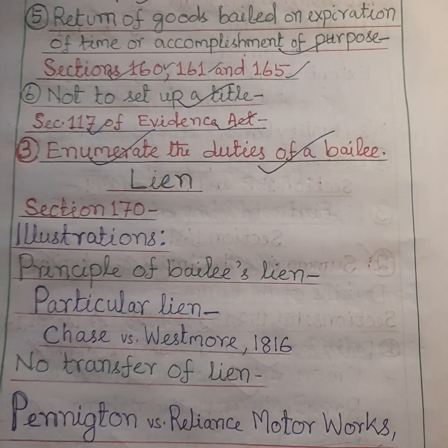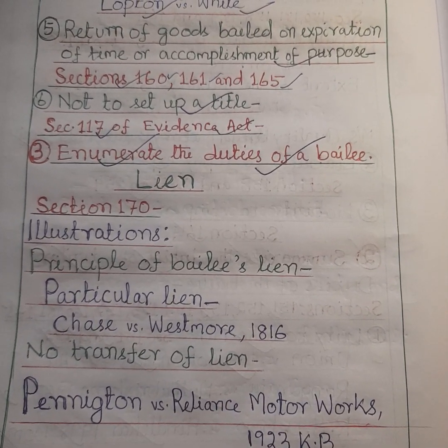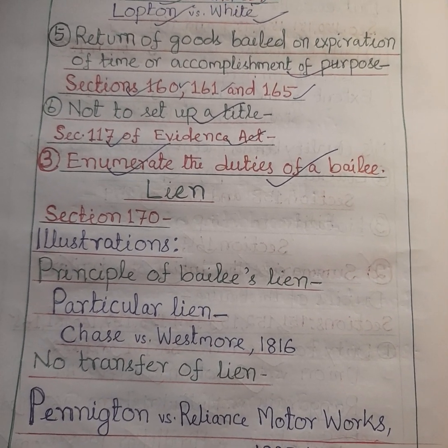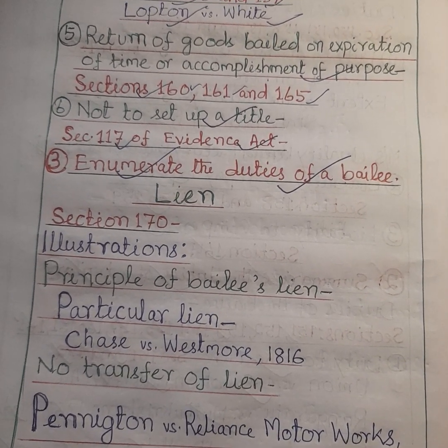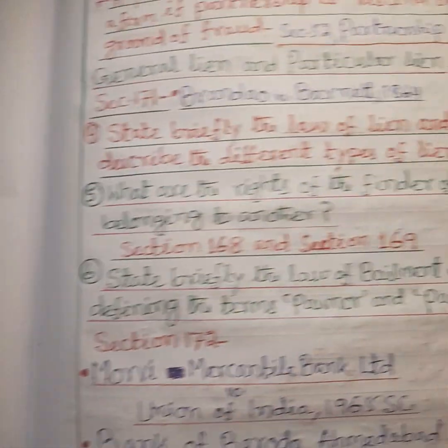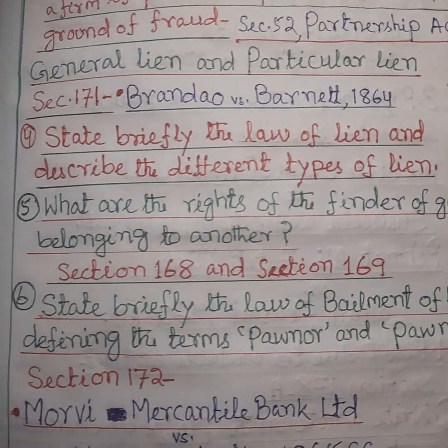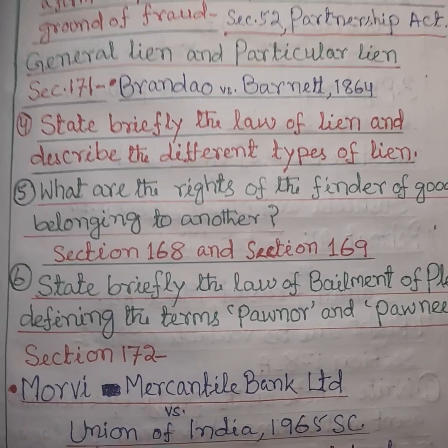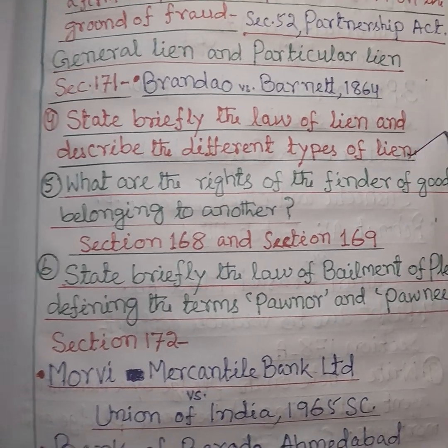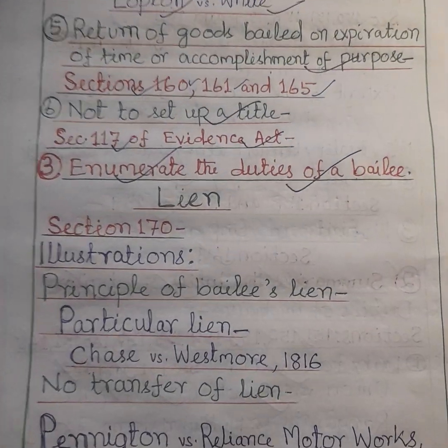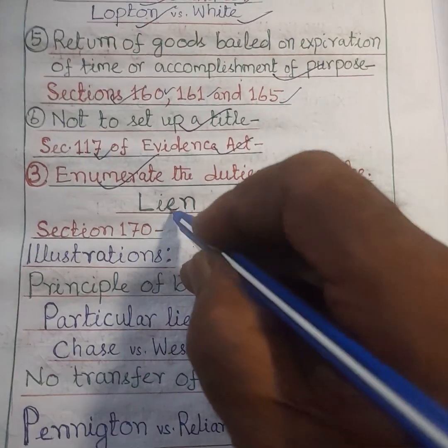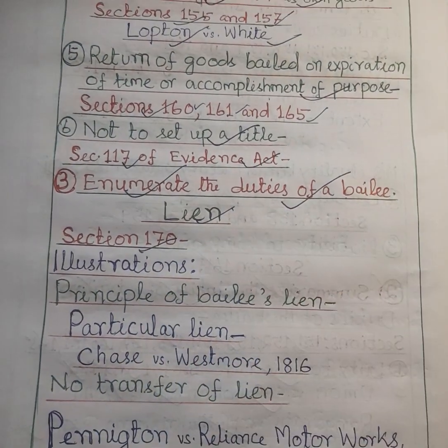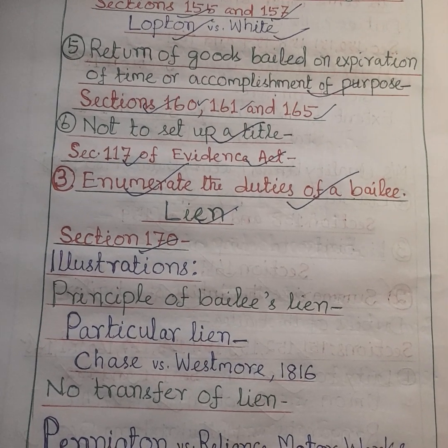The question number 4 relating to the contract of Bailment is: state briefly the law of lien and describe the different types of lien. So exactly the very meaning of lien as provided under section 170.